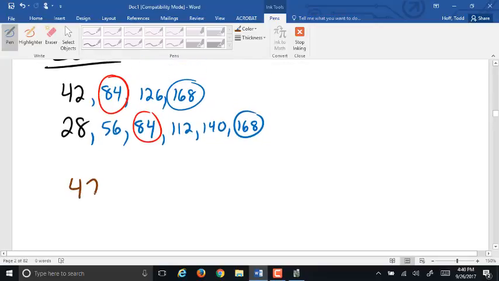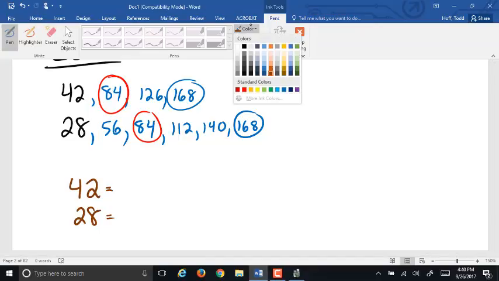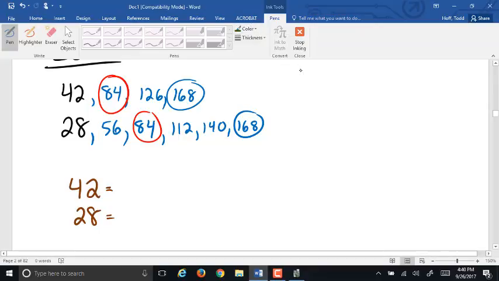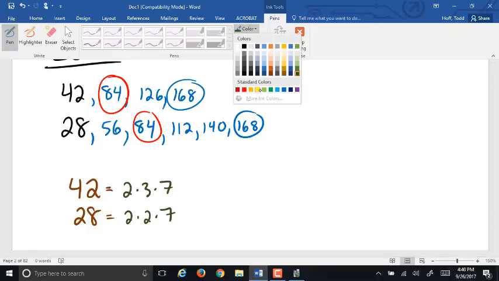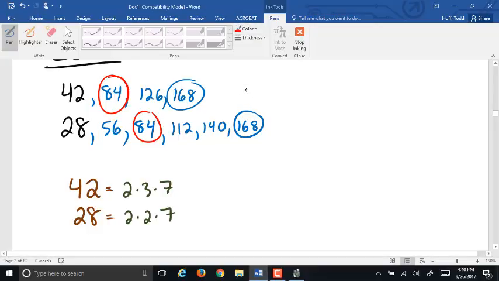So 42 and 28. If we factor 42, it's going to be 2 times 3 times 7. 28 factors to be 2 times 2 times 7. Now they both have a 2.